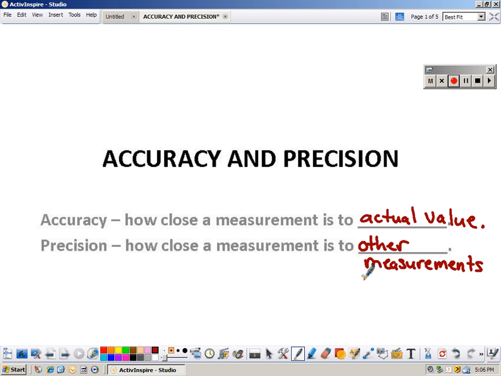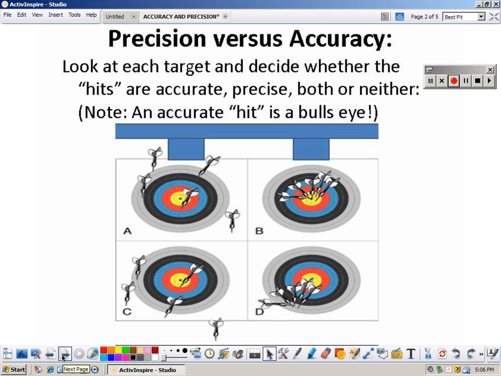Okay, so let's move on. So if we look at this example here, precision versus accuracy. It says look at each target and decide whether the hits are accurate, precise, neither, or both.